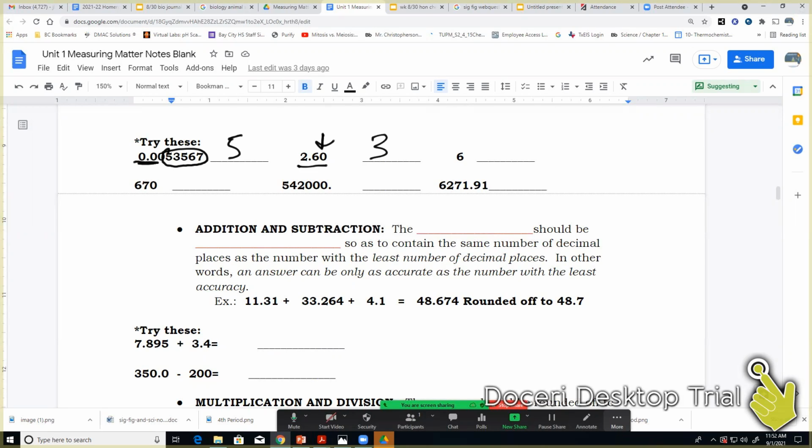That 0 is behind a decimal and behind a non-zero number. Nice, easy 6. 1. 670 without a decimal. 2. Perfect. 542,000. 6 because of the decimal. That decimal right there.